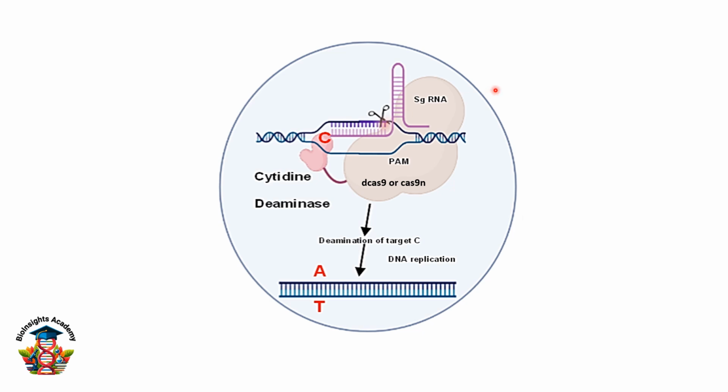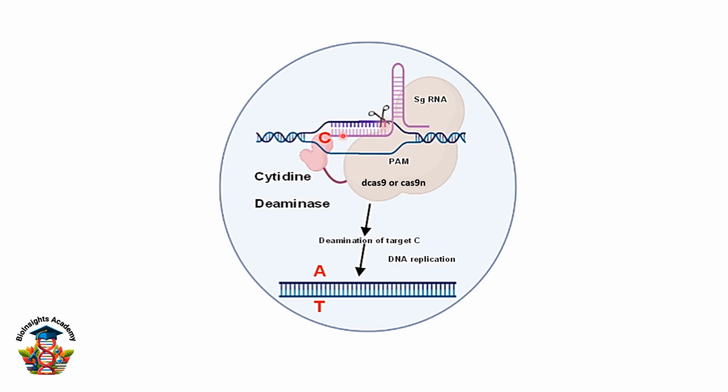The Cas protein, as you can see here, used in the CBEs is either a dead Cas9 or nickase Cas9. This version of Cas9 can bind to DNA and induce a single strand nick, but does not generate DSBs.